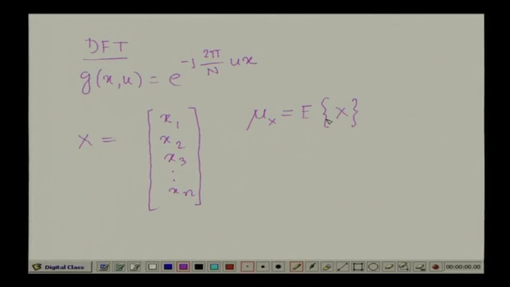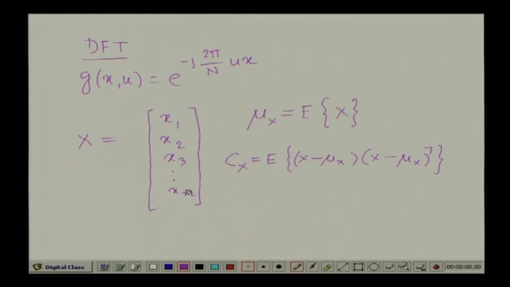Similarly, we can find the covariance matrix Cx, given by the expectation value of (x − μx)(x − μx)ᵀ.